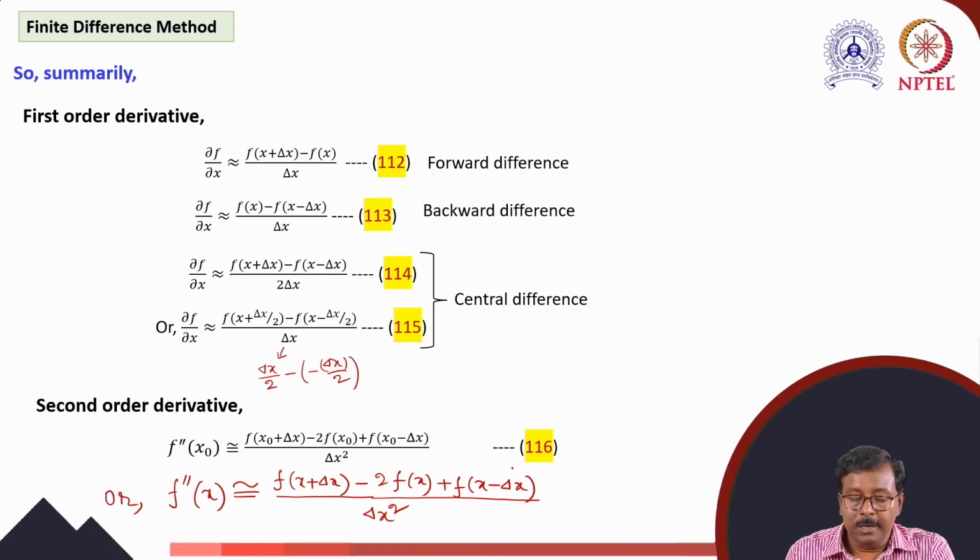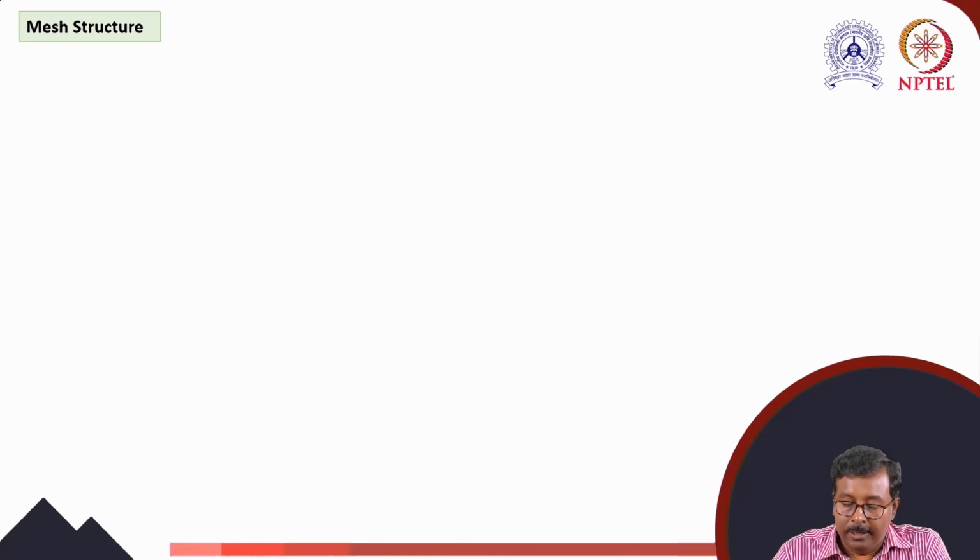So these are the derivative formulas for the finite difference technique. Now, for application of these formulas to solve the equations for a device, we have to divide the region of interest, that is the whole region of the device, into some grid structure.